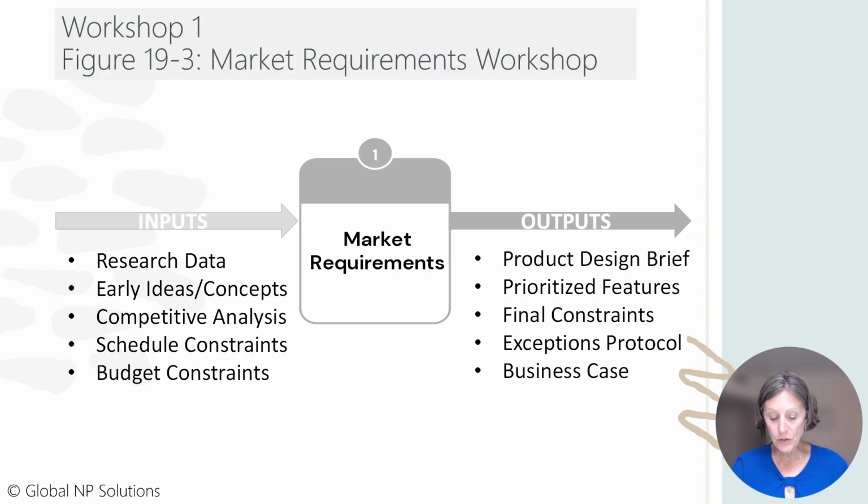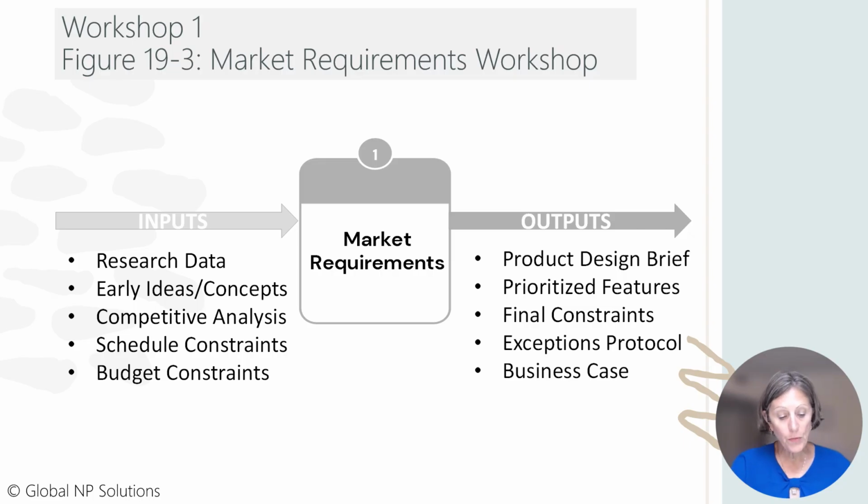Typically, the chief engineer and program manager communicate in advance of the workshop to clarify who is responsible for what data. The time and effort for the workshop is clearly delineated so that each active participant is ready for the working session. A simple agenda is described below. Inputs and outputs to consider for the session are illustrated in figure 19-3 on the screen.